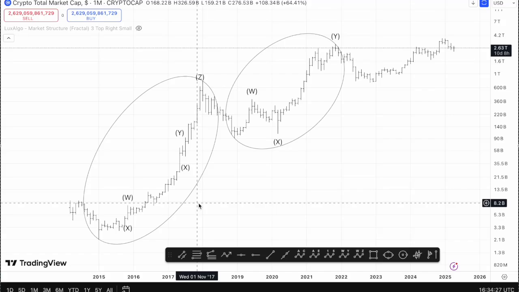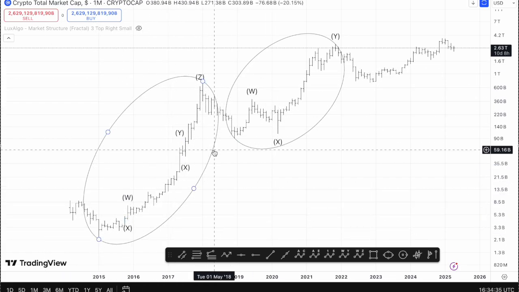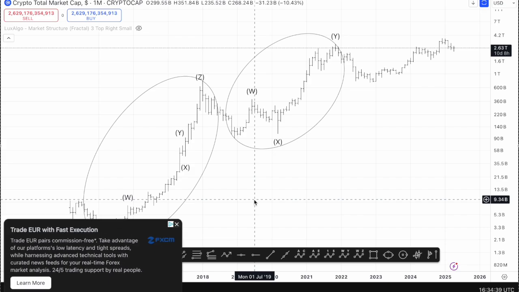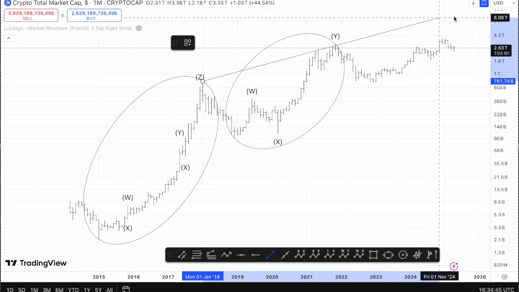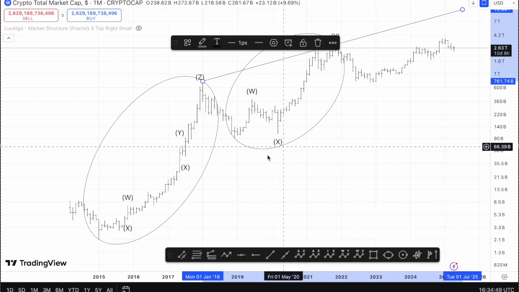In some cases, we could have an overall impulsive structure with the first leg being corrective, and that would be a diagonal wave. But in order for the wave to be diagonal, if I connect 1 and 3, I could expect the target for 5.